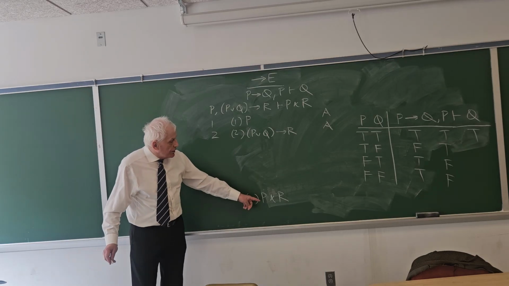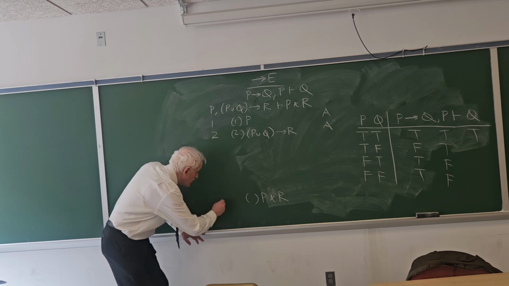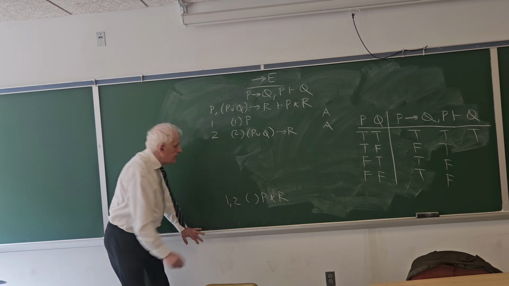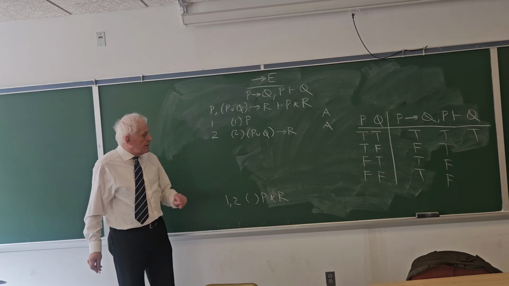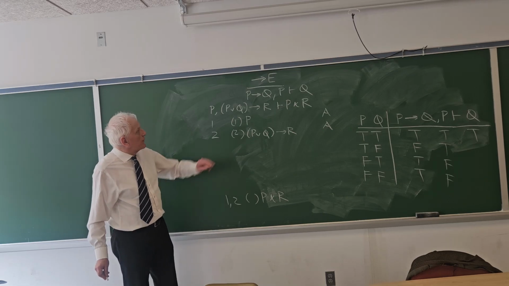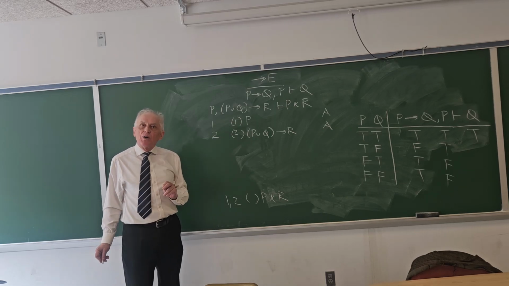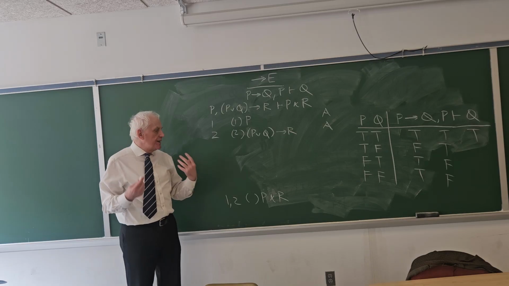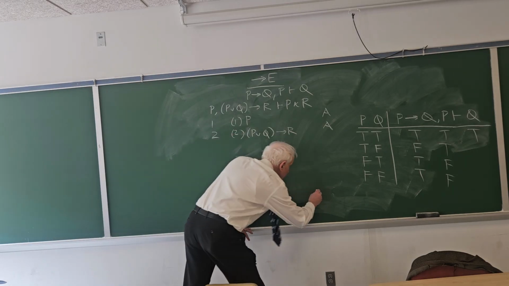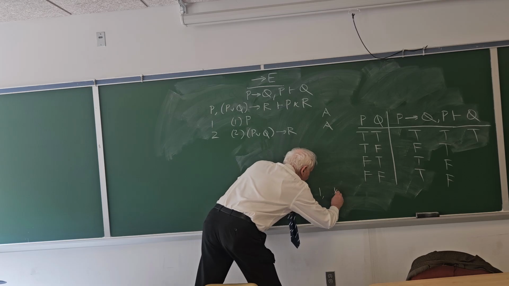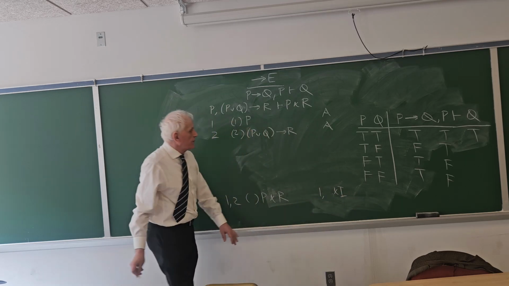Well, if you look at your conclusion here, which we're trying to prove just on assumptions 1 and 2, it's a conjunction. Its left conjunct is P, and we already have that on line 1. So we know we can get the left conjunct of our conclusion. We'll use ampersand introduction, right?